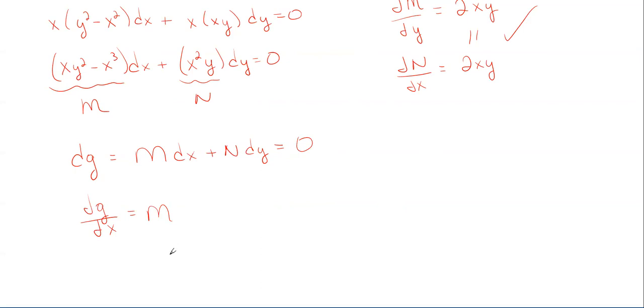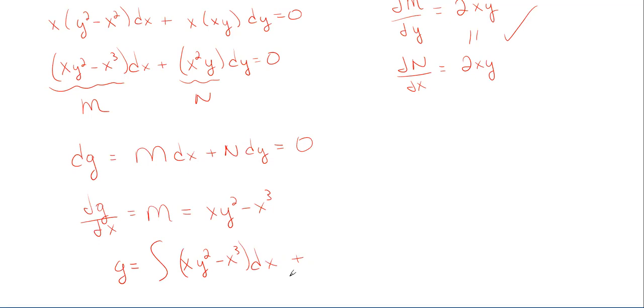So what this means is that I would have this is equal to my M of xy squared minus x cubed. So let's just find out what my g needs to be. So my g would be equal to the integration of xy squared minus x cubed dx.